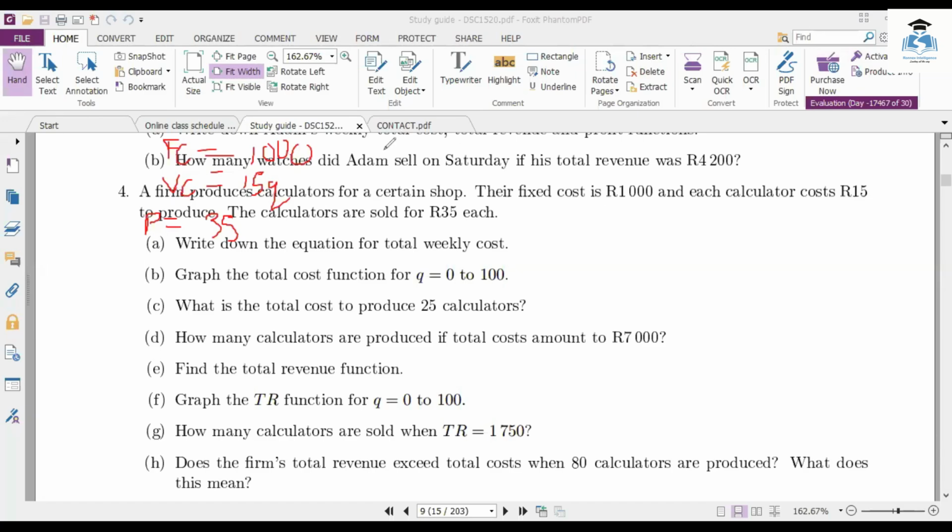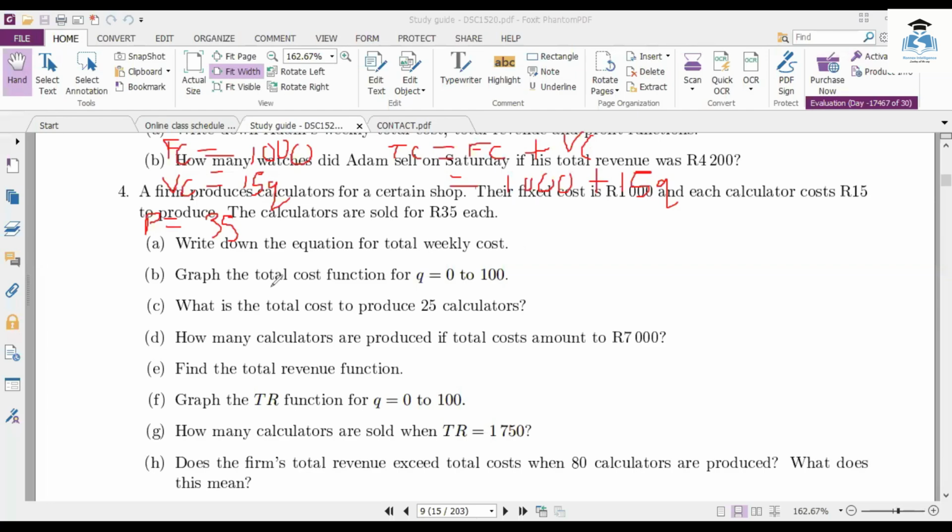TC is equal to FC plus VC. Now you just plug in: 1,000 plus 15Q. Just write this down because I might need to clear this page.